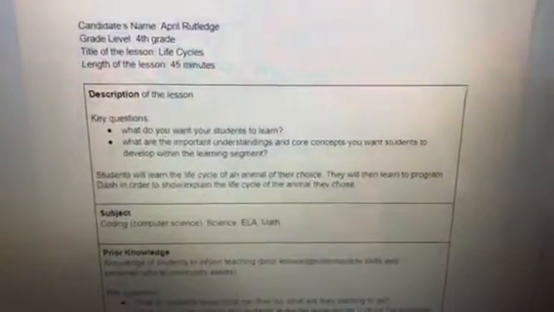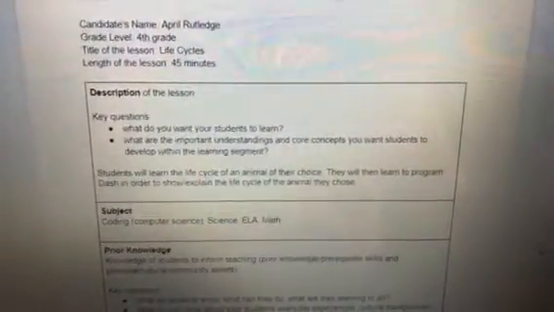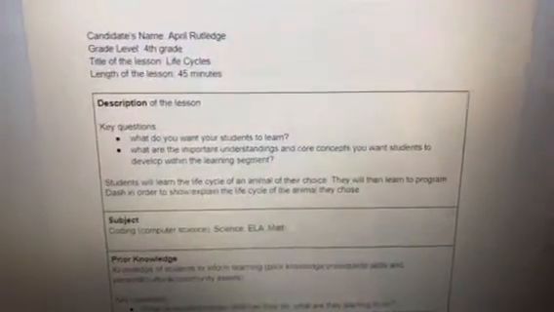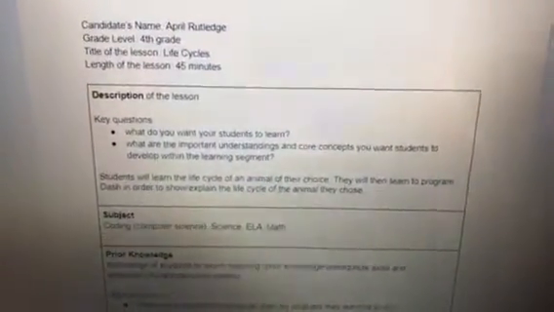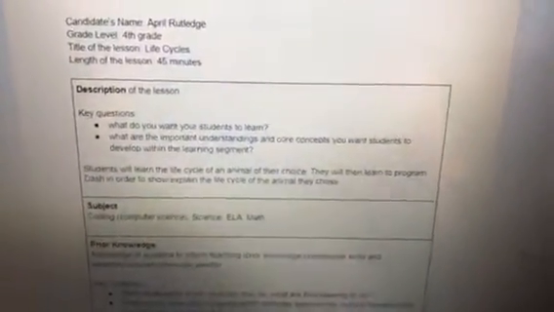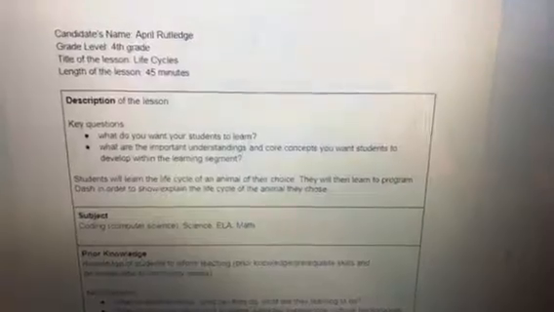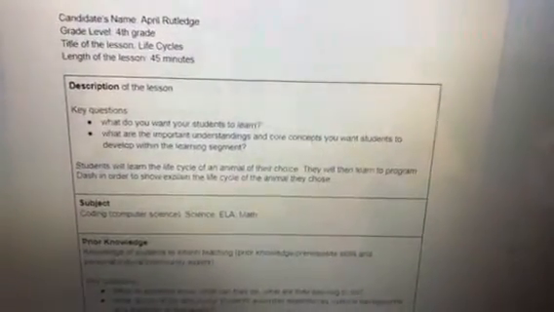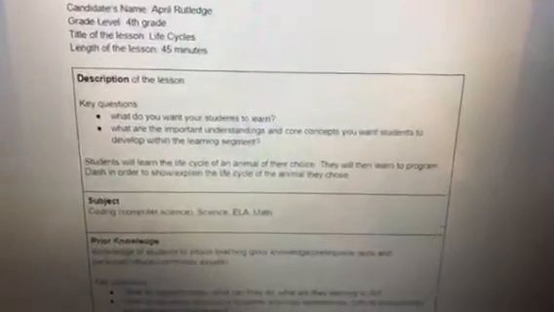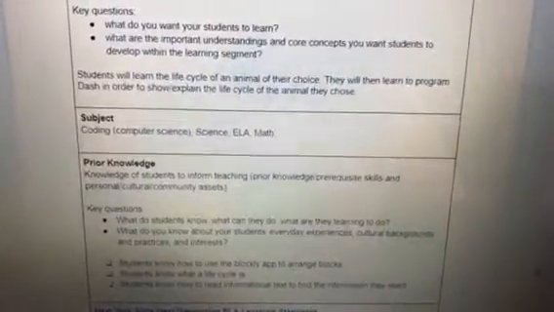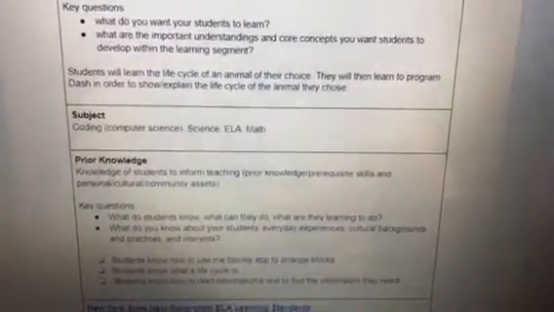After figuring out what they need in order to be able to explain the life cycle, they're going to find pictures in a magazine or draw pictures in order to represent the life cycle, and they are going to program Dash to explain the life cycles as he moves to each picture. In this lesson, the students are going to focus on coding, science, ELA, and math.